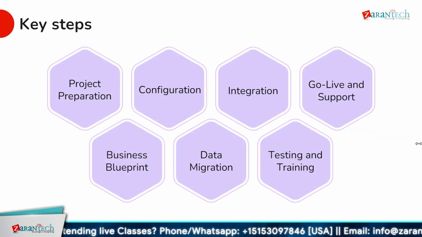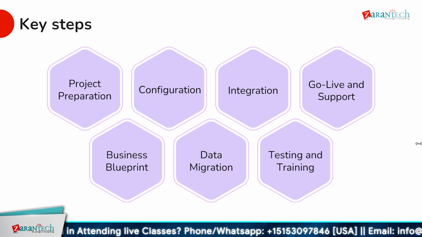Here, we can explore the key steps for integration and implementation of SAP MM. Implementing and integrating SAP MM involves several key steps. The first step is project preparation, where the project scope, objective, and the team are defined.